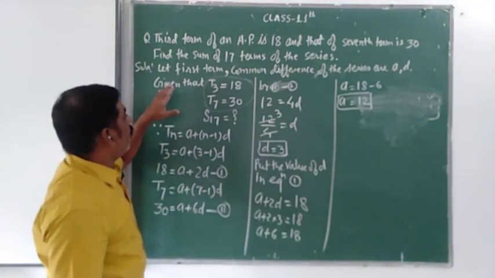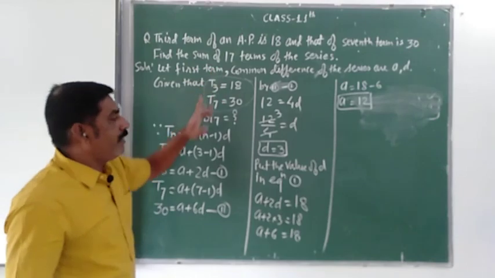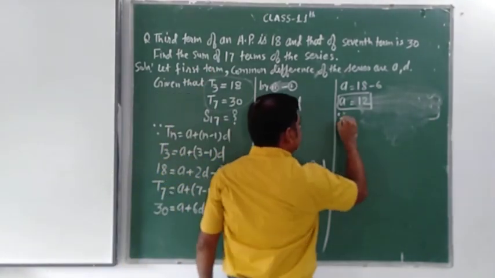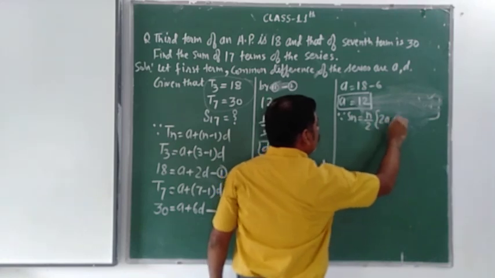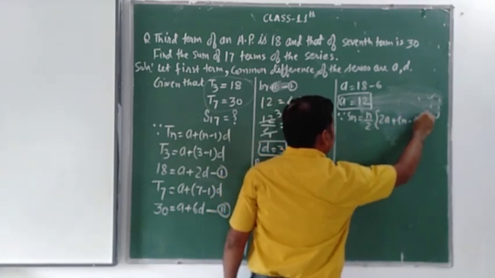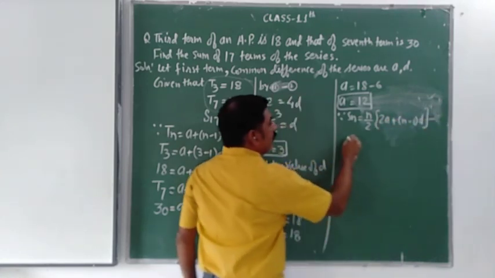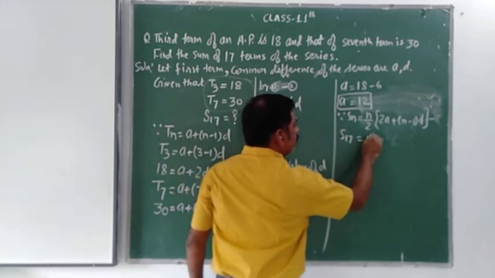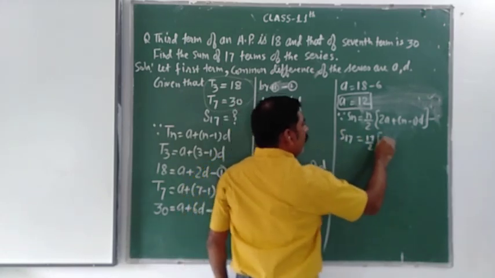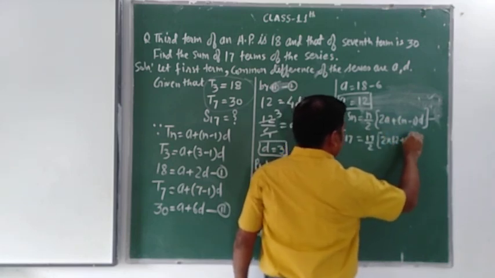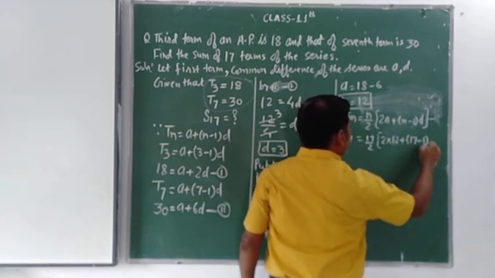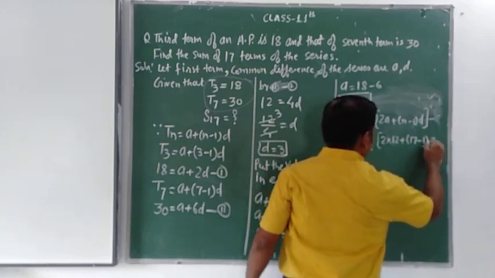So we can find sum of 17 terms. Since Sn is equal to n by 2 into 2a plus n minus 1 into d. Now S17 is equal to 17 by 2 into 2 times the value of A, which is 12, plus n minus 1, which is 17 minus 1, and d is 3.